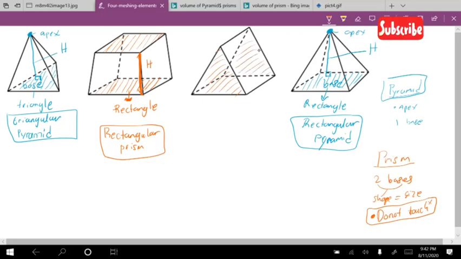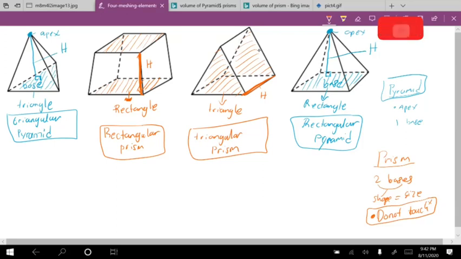So those are the two bases. And the distance between the two bases is the height. What's the shape of one of the bases? It's a triangle. And how do we name this figure? Triangular prism. I hope this helped.